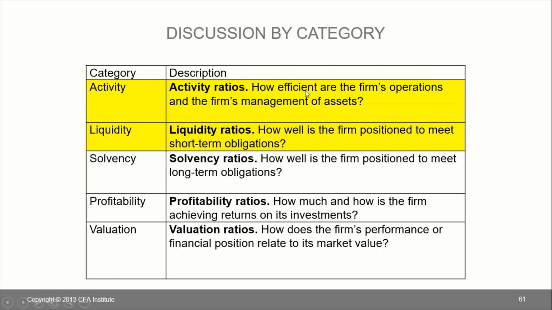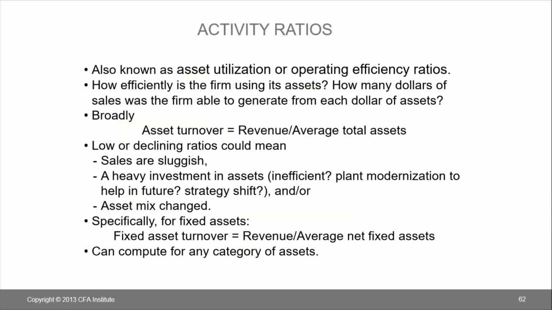It measures how efficient the firm's operations and the firm's management are in the use of its assets. Okay, so definitely when we talk about activity ratios, it's the day-to-day operations of the firm. Okay, when you say activity, day-to-day operations, and these ratios measure the operating efficiency.